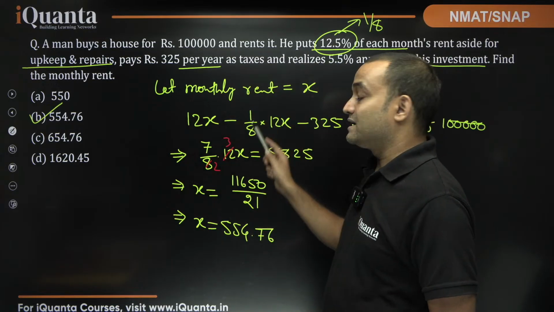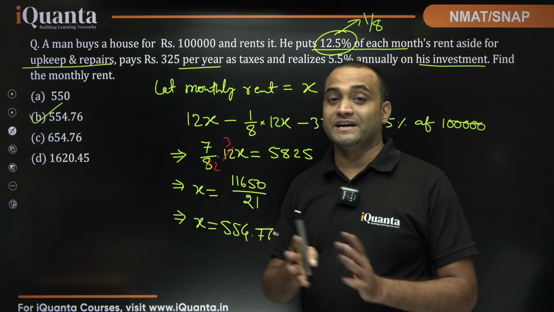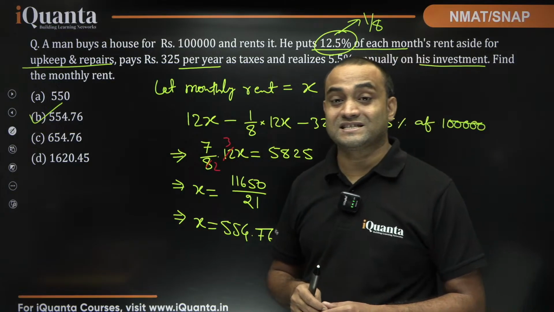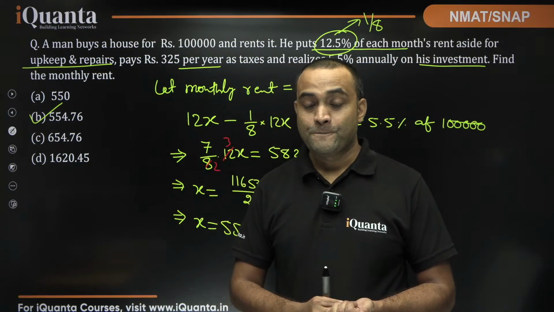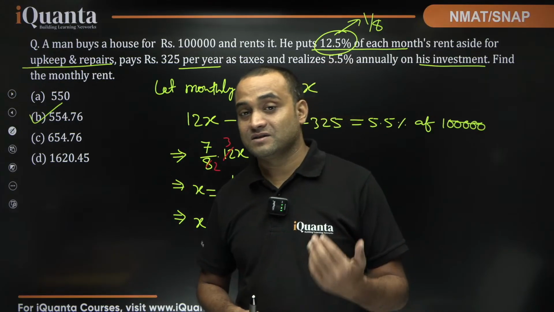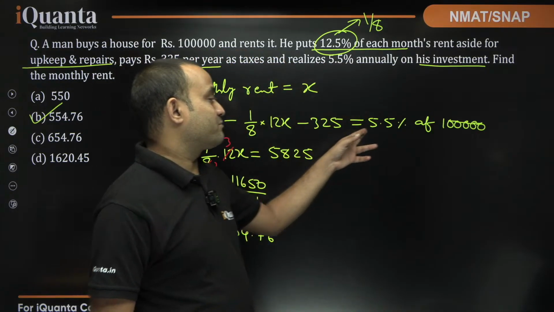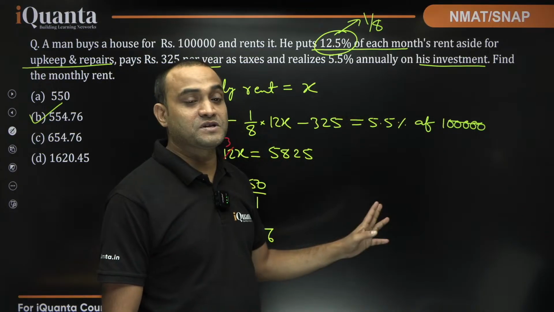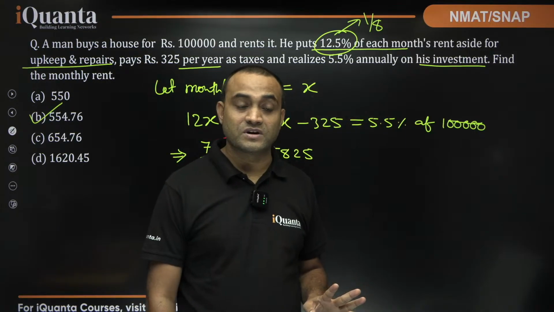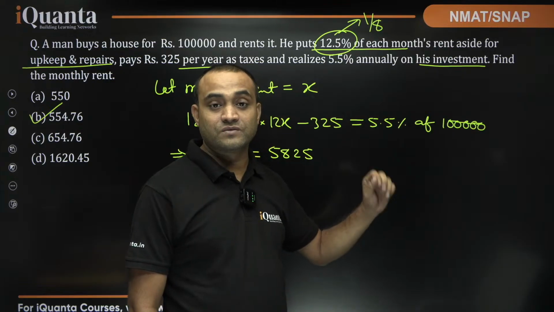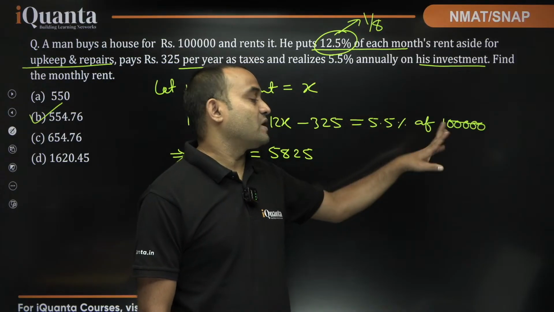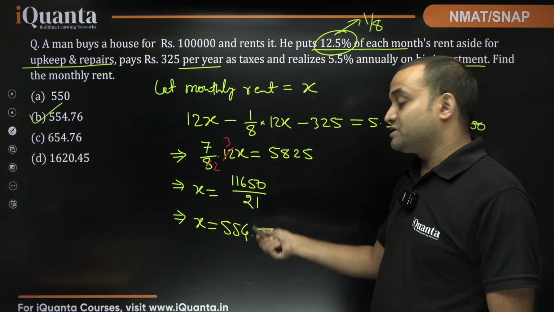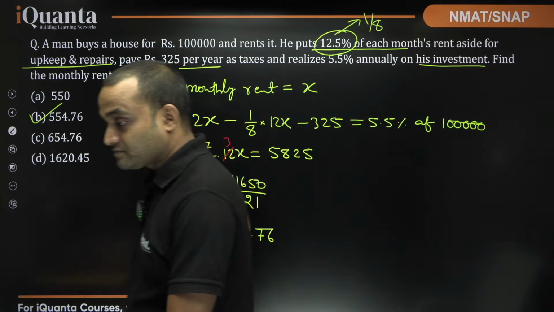This is the amount that he is keeping aside for repairs, and 325 rupees taxes that he will have to pay, and he realizes, meaning the profit, is 5.5% of the total investment. So 5.5% of this will be 5500, right? 1% will be 1000, 5% 5000, 5.5% 5500. So this is the equation, and then we just need to solve it, okay?